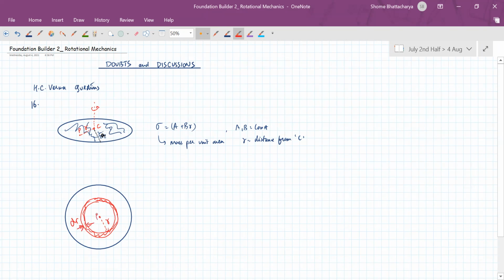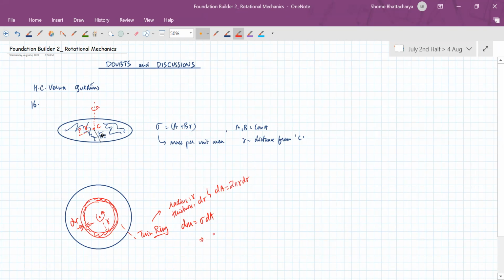This ring's moment of inertia about this axis: it will be a thin ring of mass sigma into area, its radius is r and thickness is dr. So its area will be circumference into thickness.